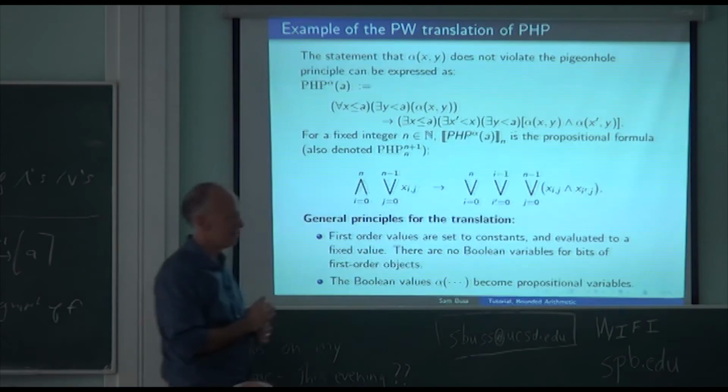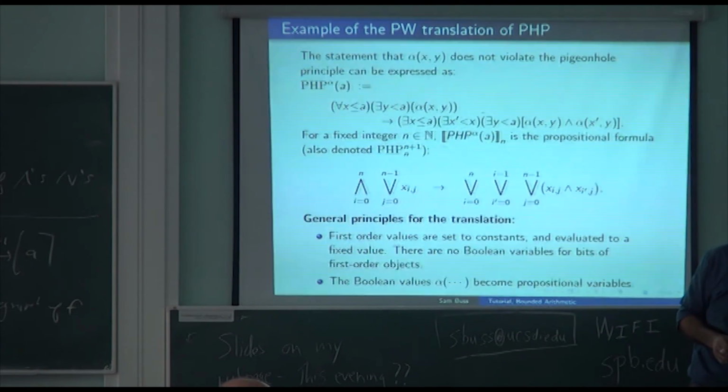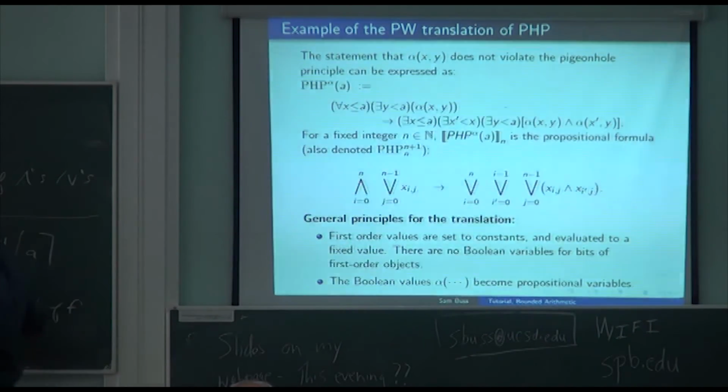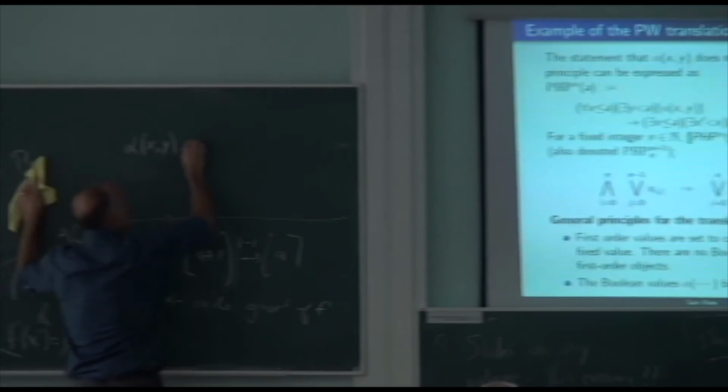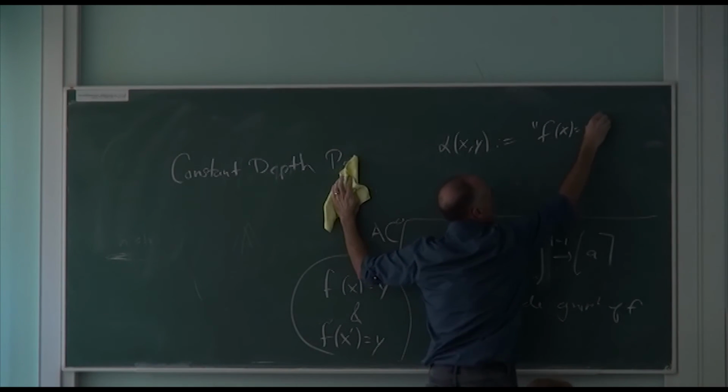Can you actually explain how this alpha is being used to encode the PHP? I'm trying to say there's no f mapping the first a plus 1 integers into the first a integers. And I define alpha of x, y to be the statement f of x equals y.